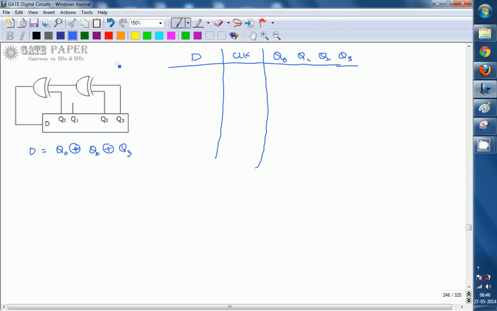Initially, the D value we are not going to consider since we are not applying the clock pulse. Whenever a clock pulse is applied, then only D will be shifted to Q0, Q0 will be shifted to Q1, Q1 will be shifted to Q2. That is, the right shift operation takes place only upon the clock edge.